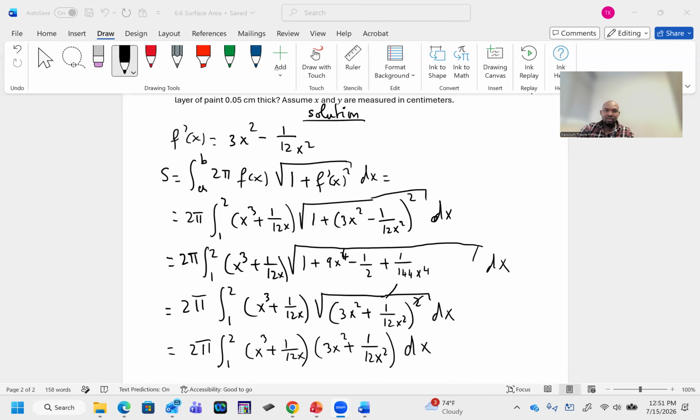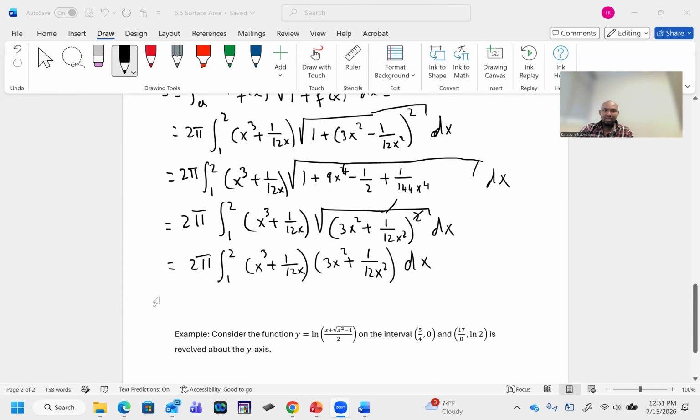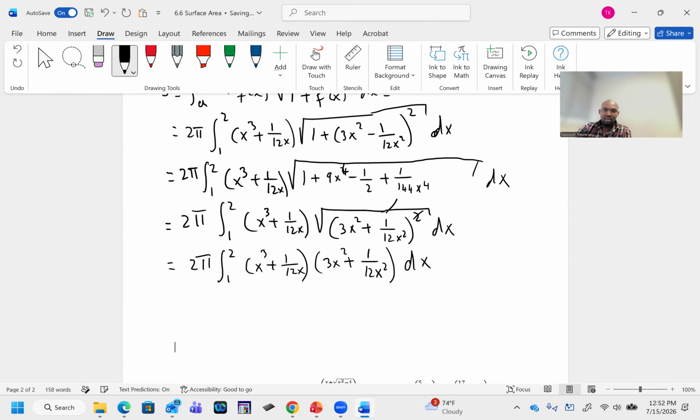So I will let you do the rest. You have to distribute. Once you distribute these two parentheses and then you find the integral, you will see the surface area will be 12,289 divided by 192 pi. So that's the surface area, right?